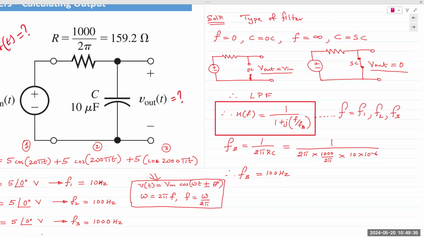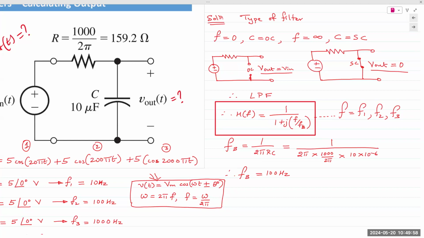If you determine it is a low pass filter, this is the expression you would use. If you determine it as a high pass filter, you have an additional term in the numerator, jf over fB. So again, you first determine what kind of filter it is, then choose the equation that you need to use.